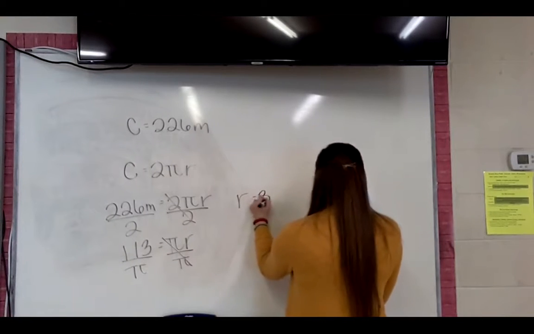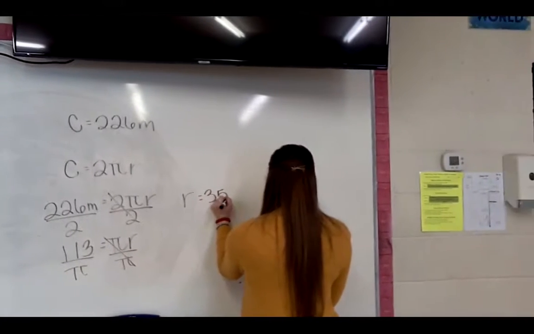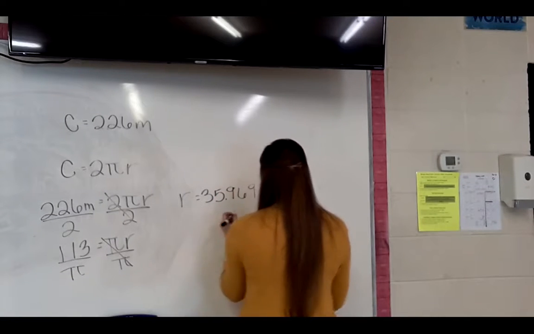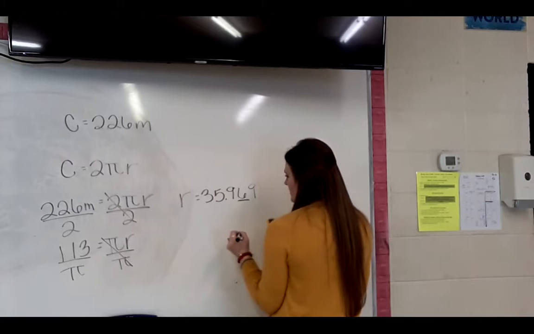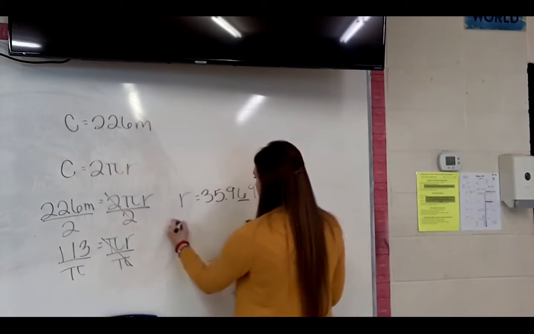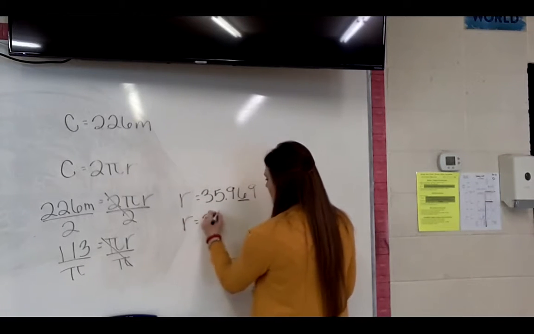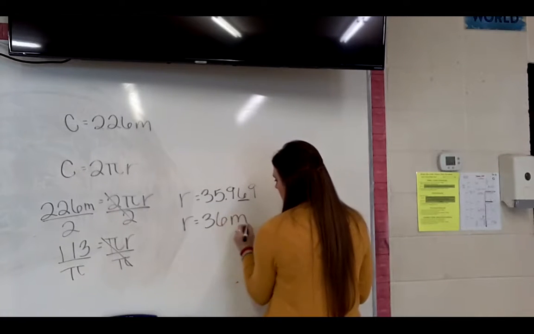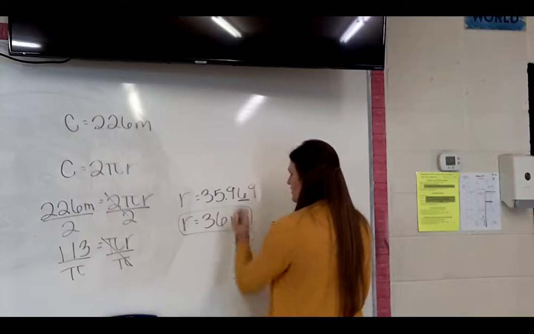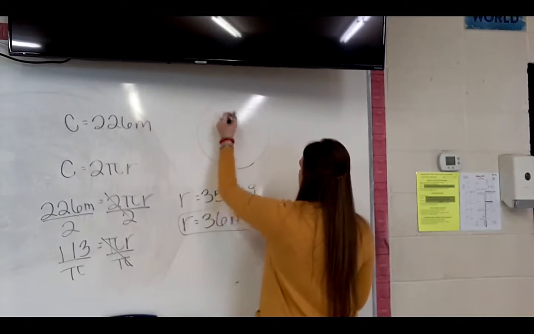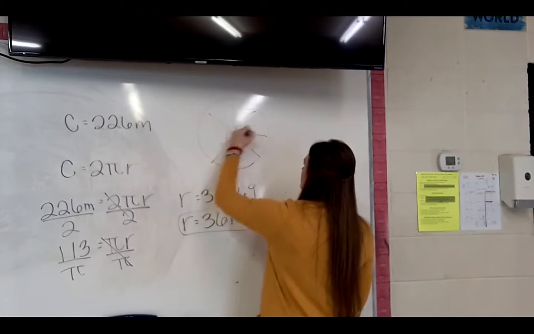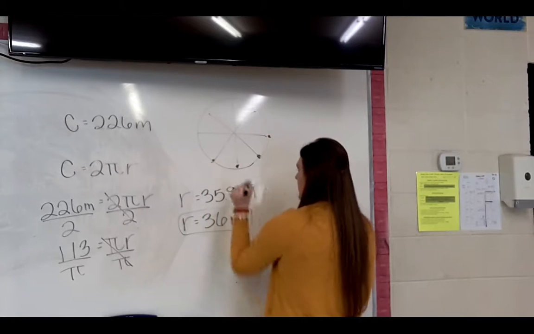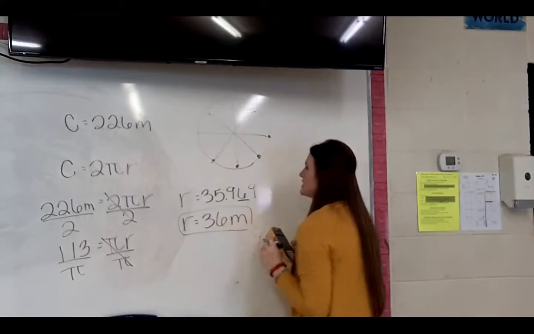And we get 35.969, so on. We're going to round. 6 rounds up, so the 9 changes up. So it comes out to 36 meters is our radius of the Ferris wheel. You know, they're talking about the ride. Okay, and people sit on each little deal. They're saying the radius halfway across that is 36 meters.